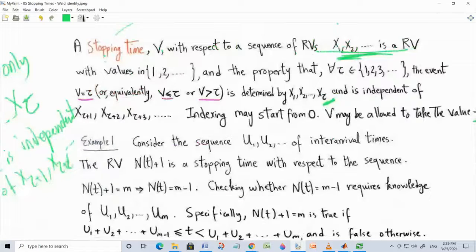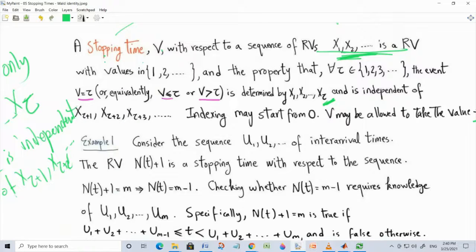Now I need to provide you with an example of a stopping time, and since we are studying renewal processes, let me give you an example of a stopping time with respect to a renewal process.